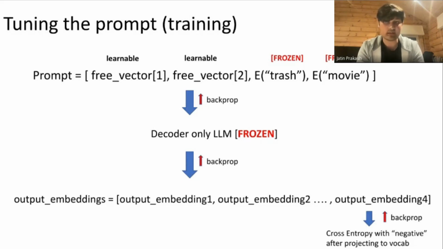In PyTorch, it's similar to setting requires_grad to false for a tensor. This means the gradients will only be calculated for these learnable free vectors that we have provided in the prompt. Therefore, only the free vectors are updated in each iteration, and we do not touch the model at all. In this way, we are able to directly optimize the prompt for a specific task in a continuous space.